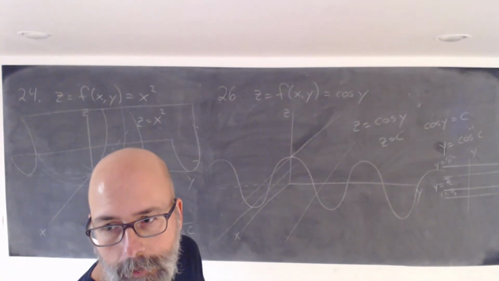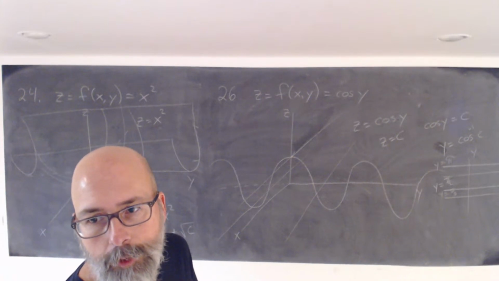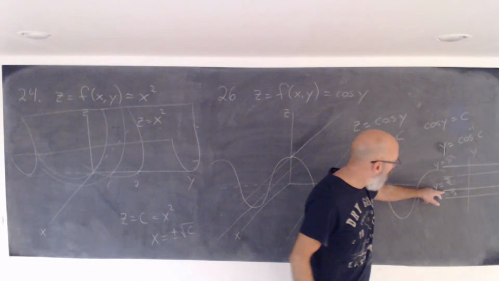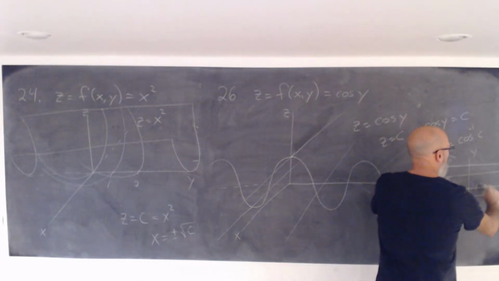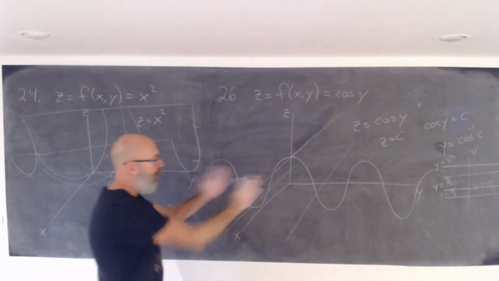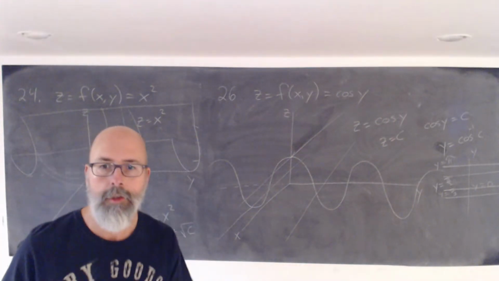So there it is. These are all horizontal lines. They're all parallel to the horizontal line y equals 0, which is the x-axis. So they're all parallel like this.